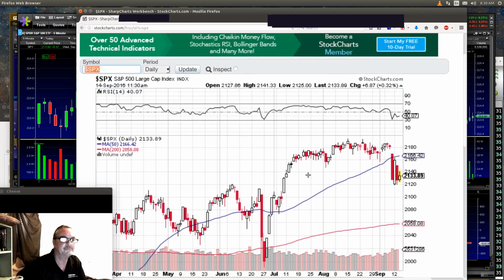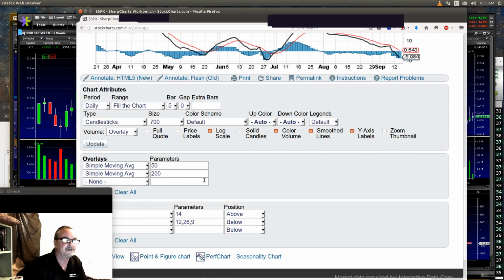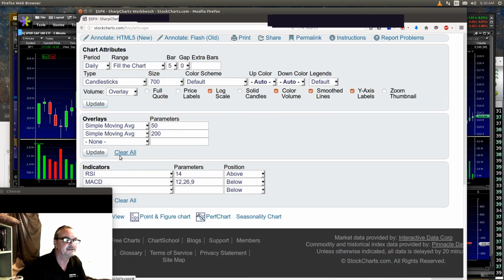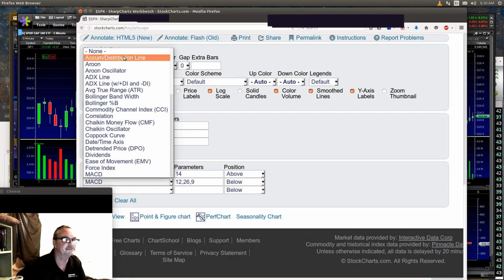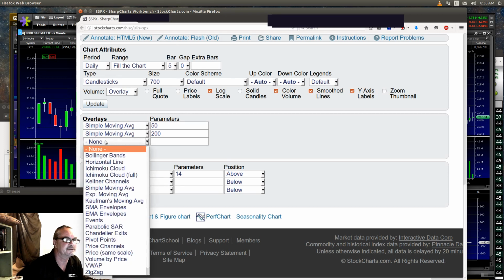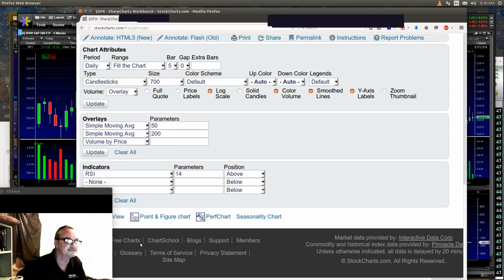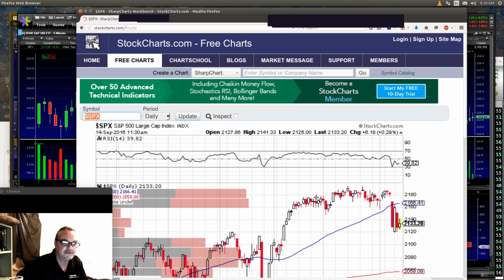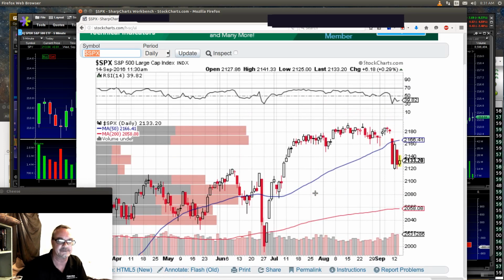What I like to do is, I don't care about looking at the MACD, just turn that off. What I want to see is volume by price. I want to see where price reaction affects volume. You know, price action affects volume. I think that's what I'm trying to say.